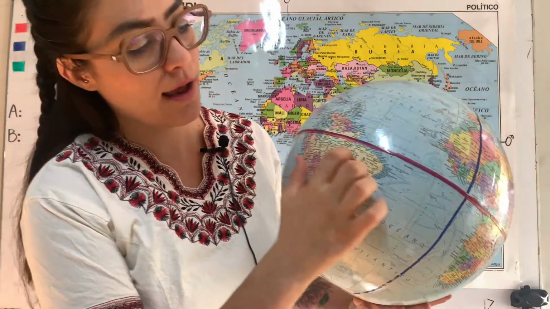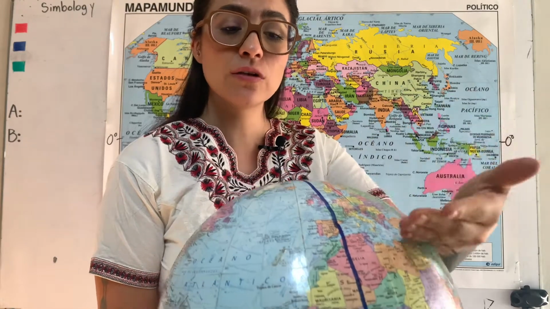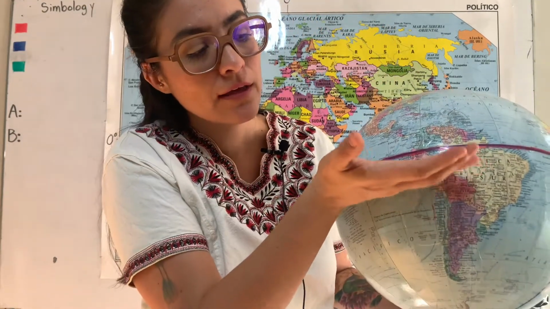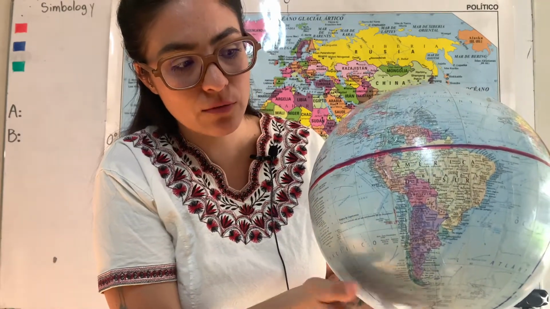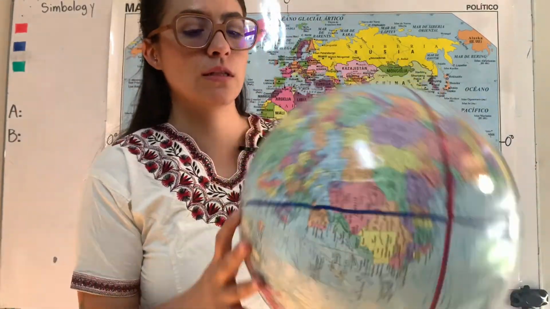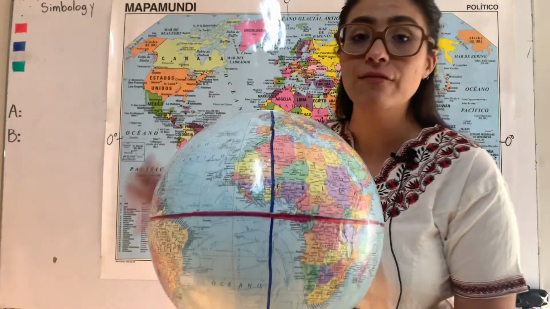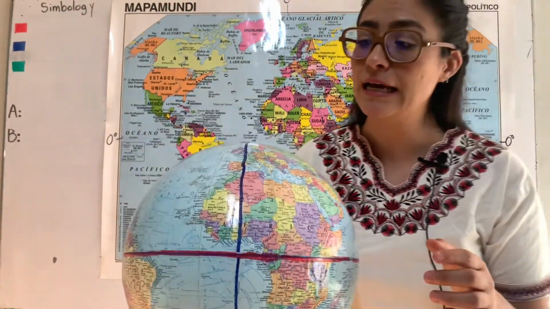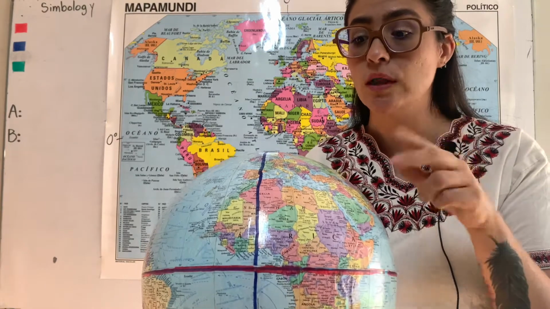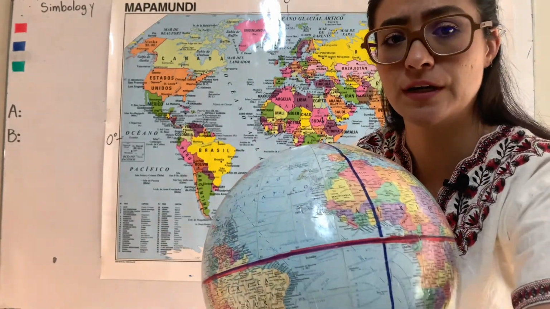So this line here represents and divides the northern hemisphere going up and the southern hemisphere going down. Down and up are just a convention, but actually in reality, if you see the Earth from space, it could be the opposite. So we have another line that divides the planet into two hemispheres as well, the eastern hemisphere and the western hemisphere.